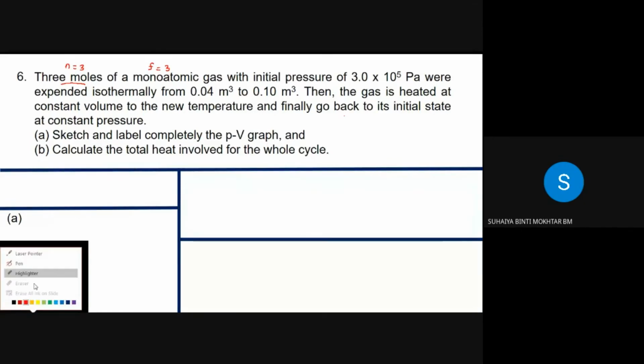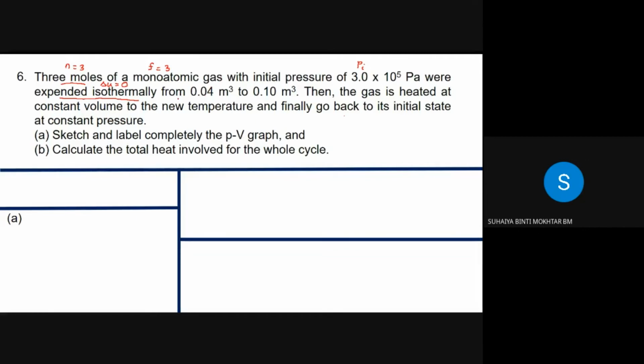Monoatomic gas, so F, the degree of freedom, equals to 3, with initial pressure P initial 3 times 10 to the power of 5 Pascal, which is expanded isothermally. So isothermal, that means that delta U must equal to 0, right?